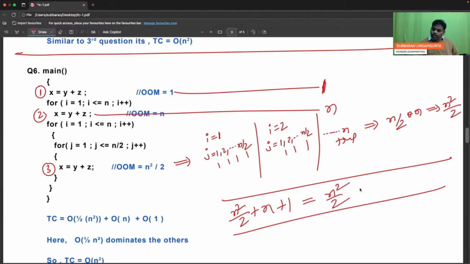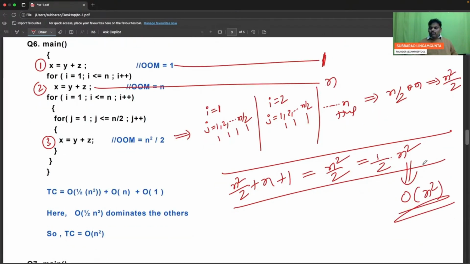This can be written as 1 by 2 into n square. But remember, 1 by 2 is a constant, so ignore it. Finally it is going to be big O of n square. Problem number 6: big O of n square.